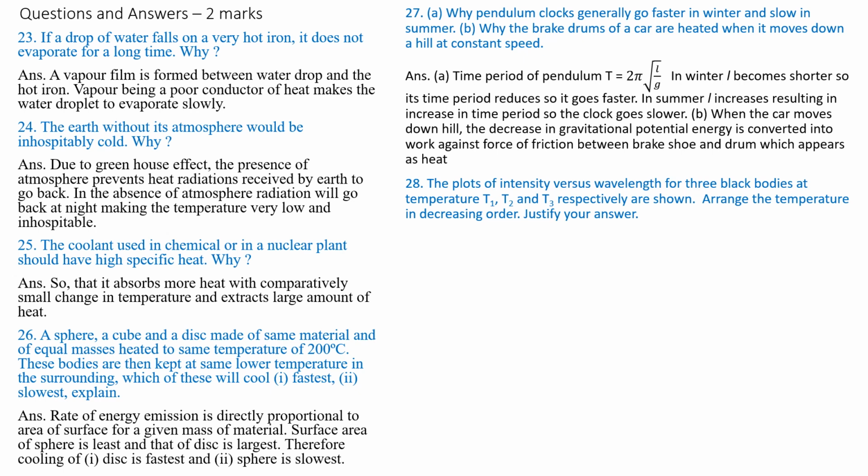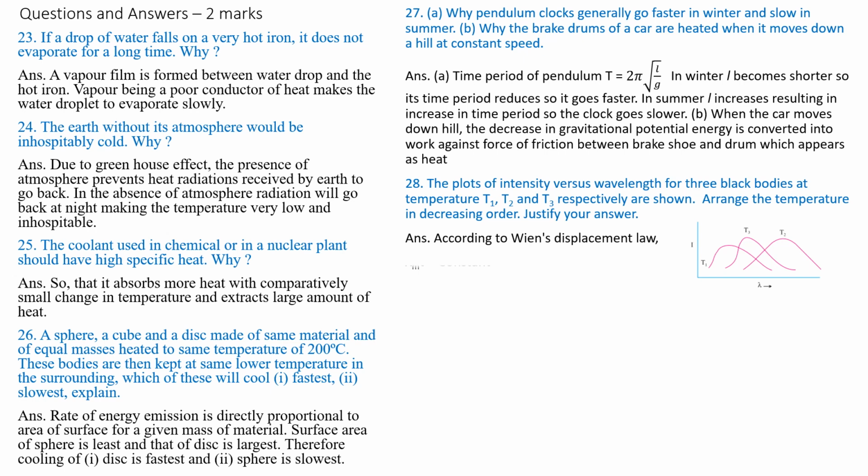Next question. The plots of intensity versus wavelength for three black bodies at temperature T1, T2 and T3 respectively are shown. Arrange the temperature in decreasing order. Justify your answer. The figure is shown here. So lambda on x-axis, T1, this is T2 and this is T3. So we have to arrange it.